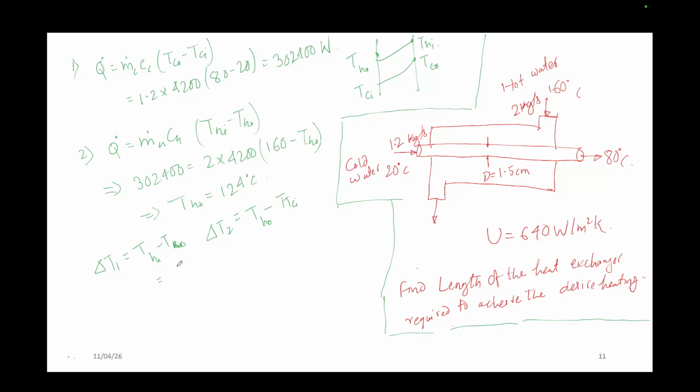THI minus TCO, and here 104. Okay, so now find the LMTD and let me know.